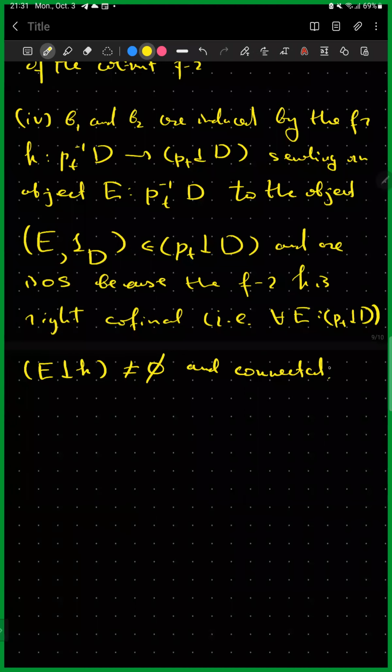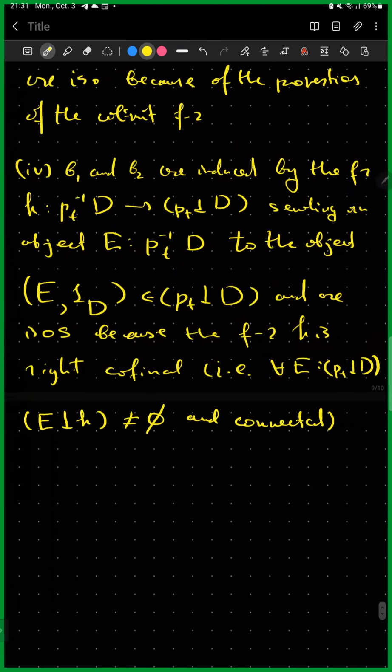So non-empty and connected. Any two objects can be connected by zigzag lines.